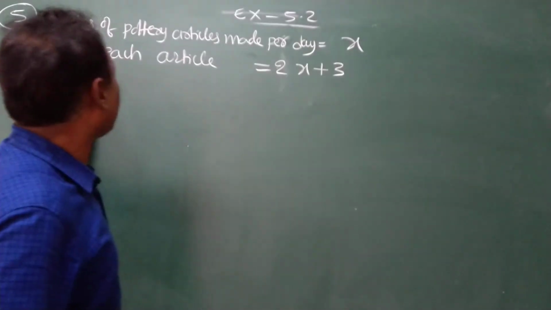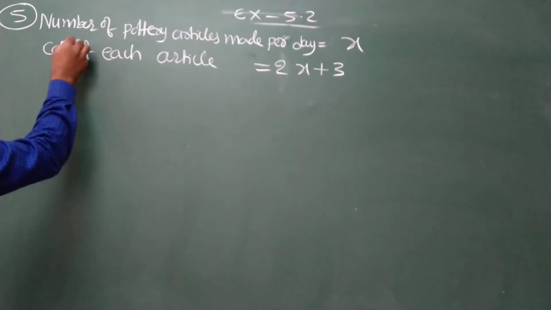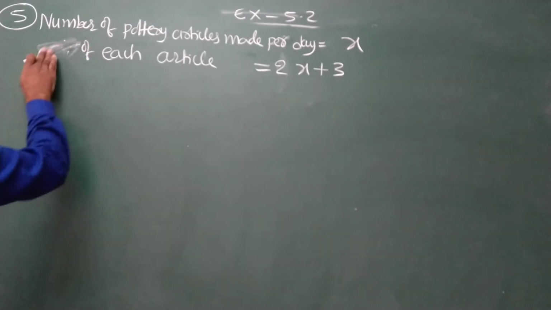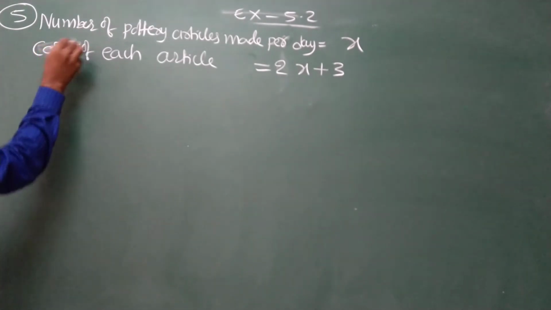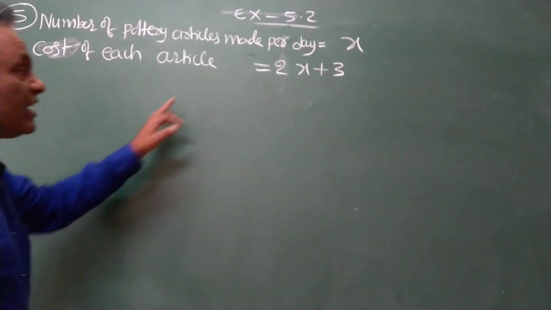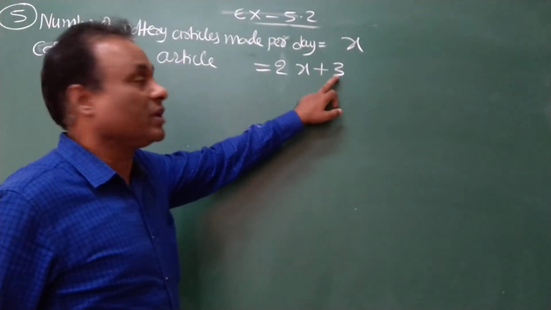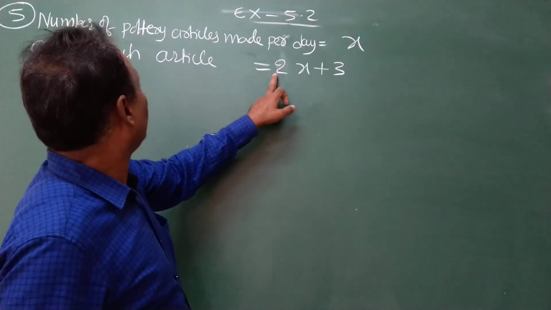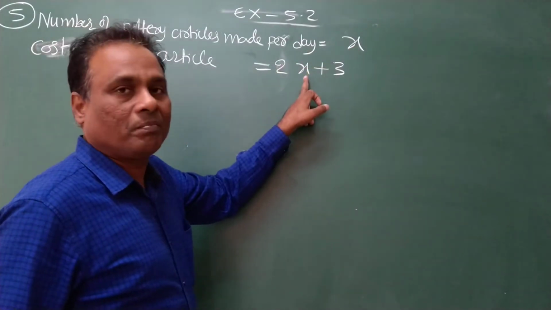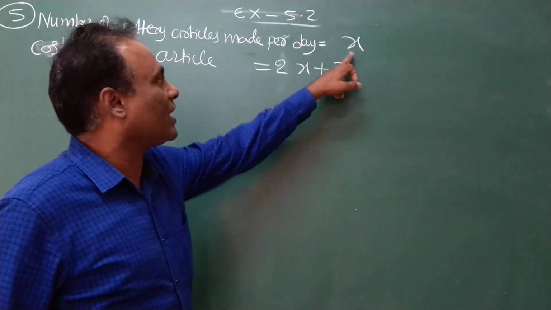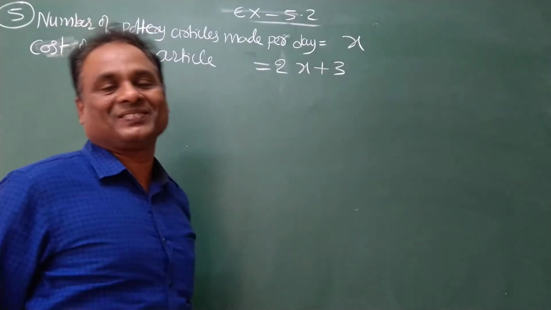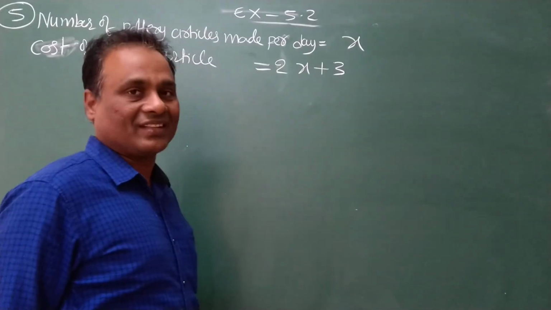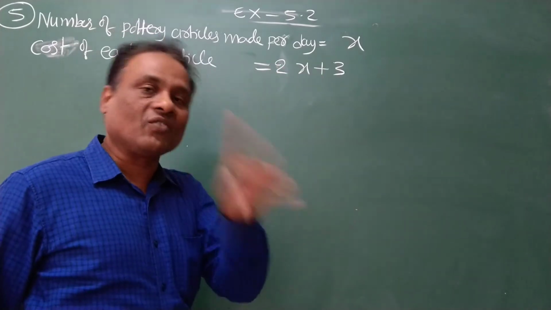The cost of each article is 3 more than, that means plus 3, of what? Twice the number of articles made per day. Twice the number of articles means 2x plus 3. This is the cost for preparing one article.